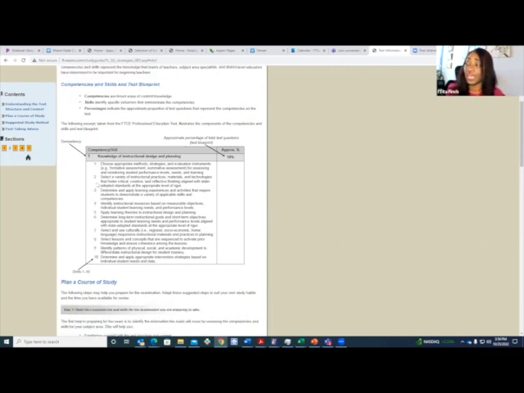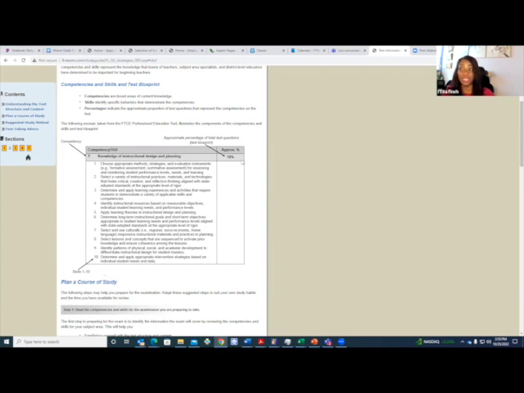When you are looking at the tests, this shows you the competency, okay? So that's your competency, and we know that that's the broad idea. So our overarching idea for competency 1 is knowledge of instructional design and planning. Within competency 1, there are 10 skills, okay? So within competency 1, there are 10 skills.